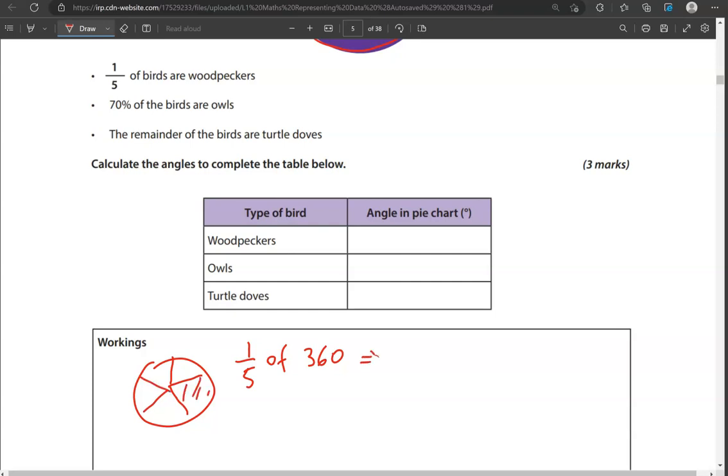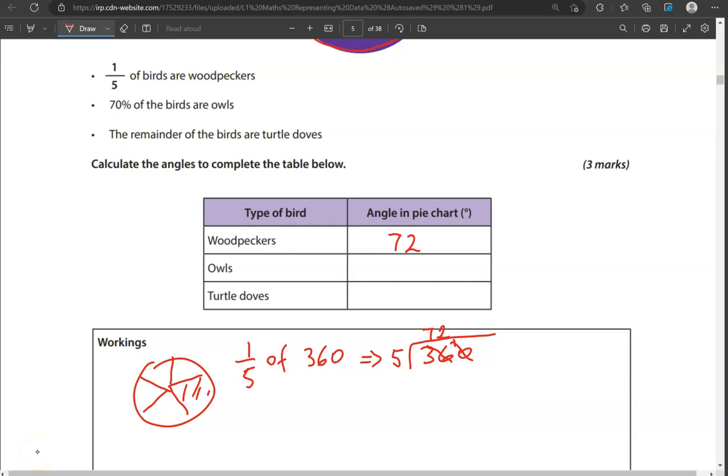So we're going to work it out by doing 360 divided by 5. So how many 5s fit into 36? That is 7, because 5 times 7 is 35, and we have 1 remaining. Now how many 5s into 10? That is exactly 2. So the answer is 72 degrees.